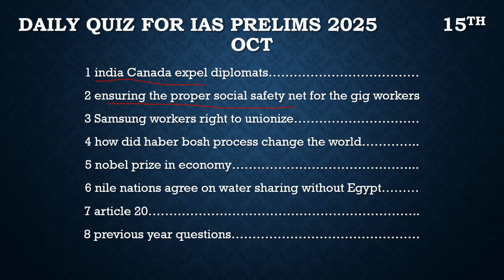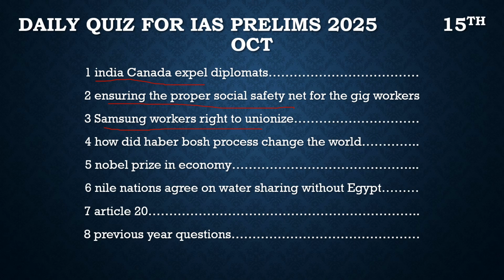Then the another topic which was in the news is about the Samsung workers' right to unionize. It is one of the major issues in Chennai right now, because the Samsung workers are on strike, and they want recognition of the newly formed labor union, the Samsung India Workers Union. They want recognition of that union, and they also want their wages raised.